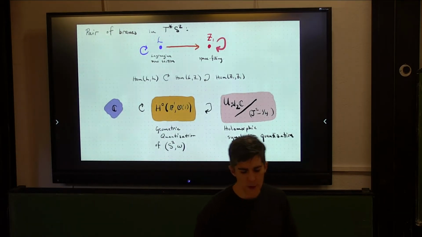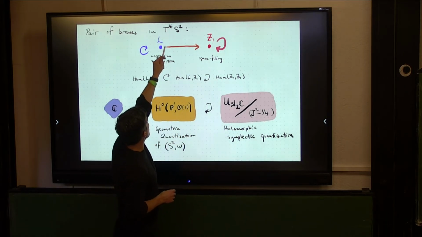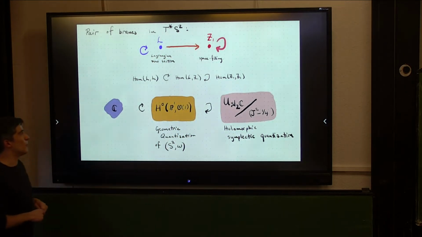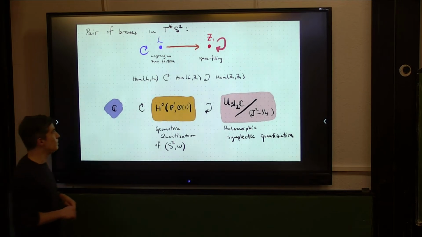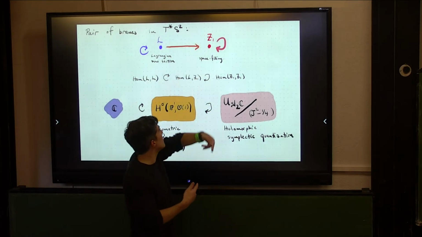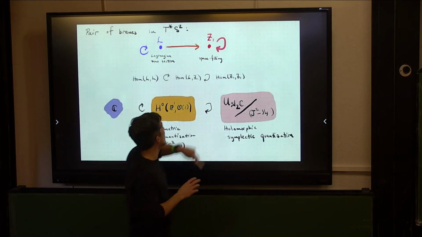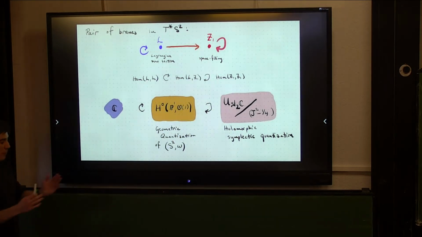Okay, so in the cotangent S2 case, we have the Lagrangian zero section. That's a nice Lagrangian brane inside the cotangent bundle. But from this Fubini-Study form, we pre-quantized it and we pulled it back to the cotangent bundle, remember, and we added the space-filling brane. And so in the A model, when you have these two objects in the category, there's a whole bunch of vector spaces you could consider.